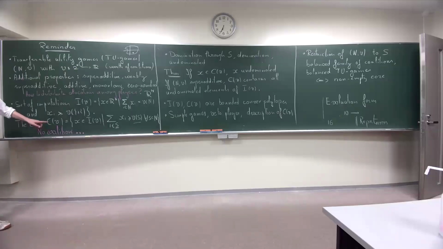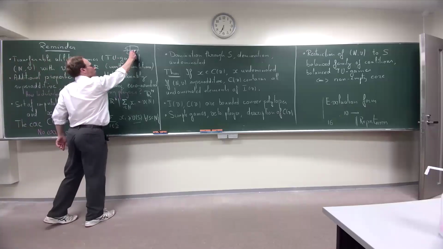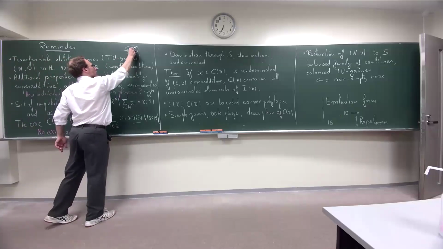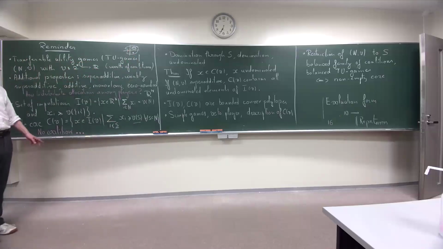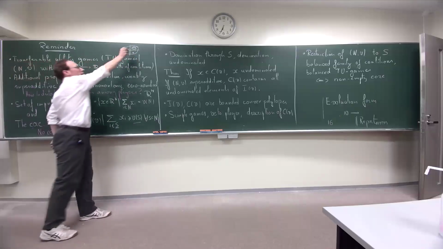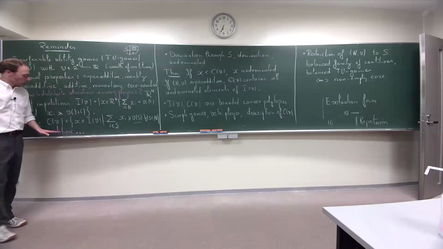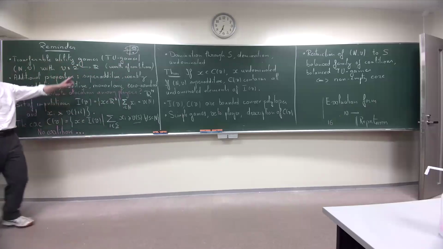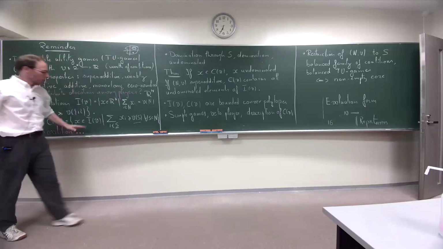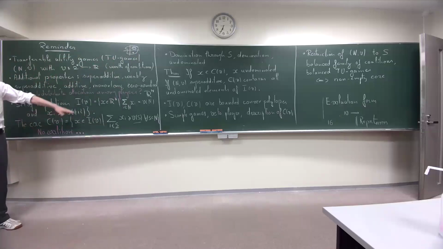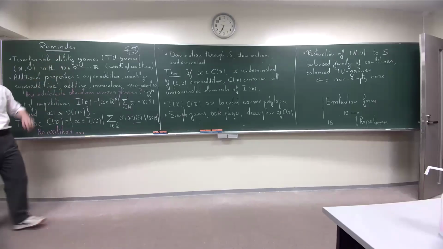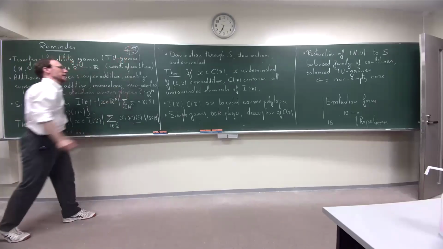Suppose that this is the core, so this is only this part. Then if you take a point in the core, no coalition has an interest in not choosing a point here because it's better for any coalition. So no coalition will complain about a point here.